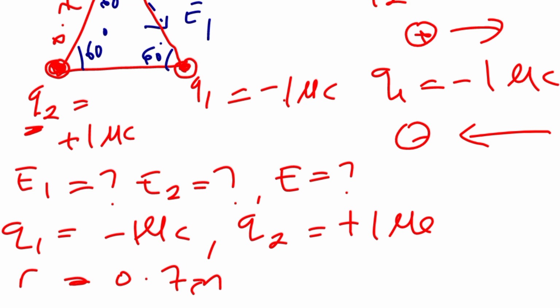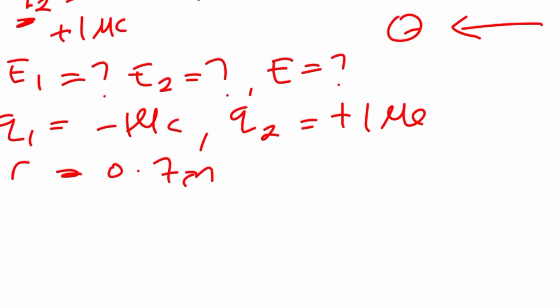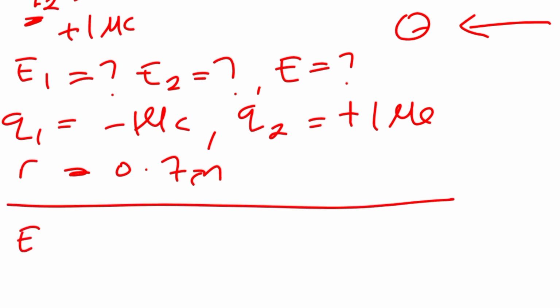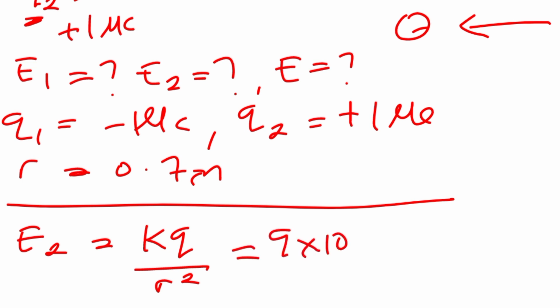So let's start with E2. To find the electric field, E2 equals K Q over R squared. K is a constant with a value of 9 times 10 to the power of 9. Now, you need to understand, as we explained in the previous examples, that for electric field we only need the magnitude of the charge.